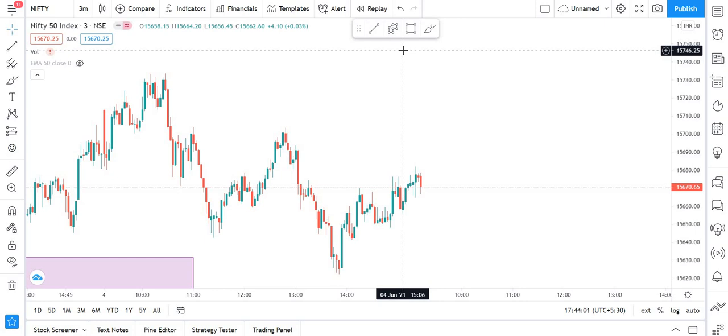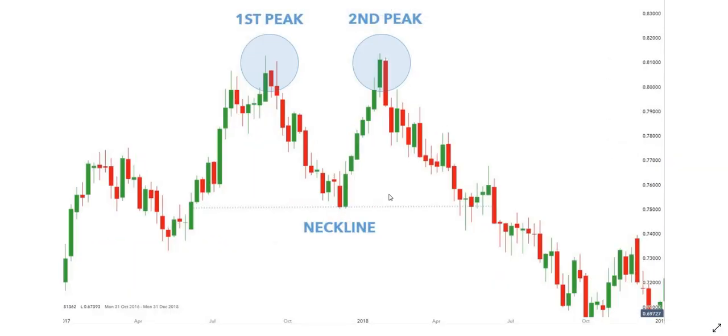First of all, let me show you how this pattern looks. This is a double top: the first top and the second top, and this is going to be our neckline. The prices made a low, started rising again, and then made a low again. So this is going to be the neckline.